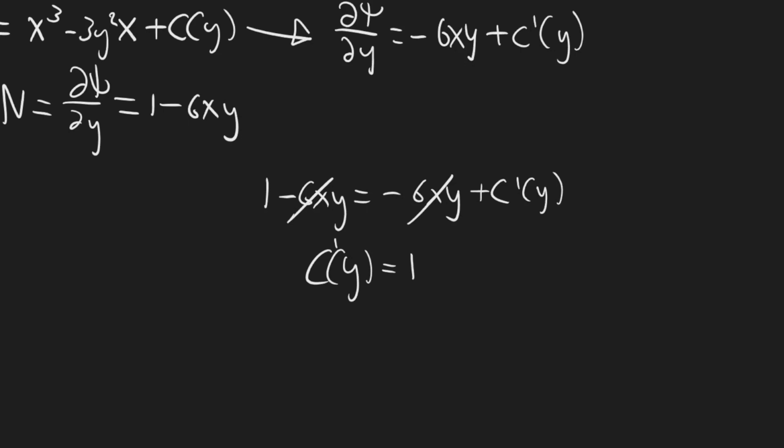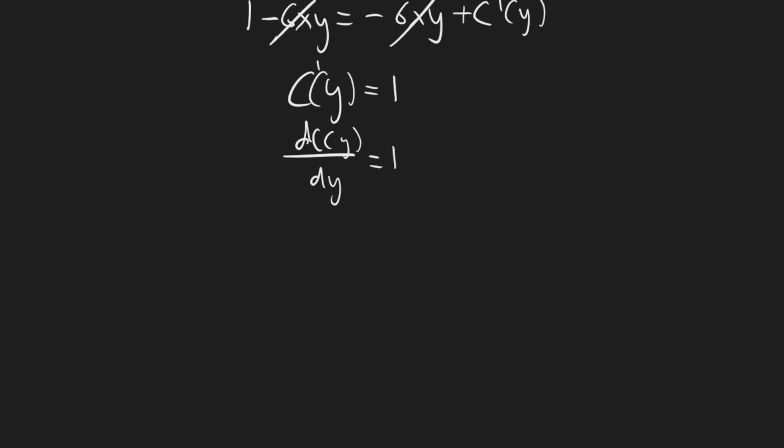Okay, so writing this in Leibniz notation, dc of y over dy equals 1. And remember, it's a derivative with respect to y because that's what originally initiated the prime. That's what made it a derivative in the first place. And so this is actually just a really, really simple separable ODE.